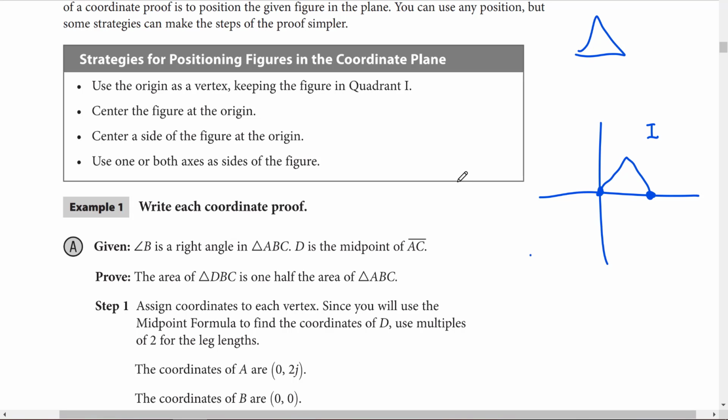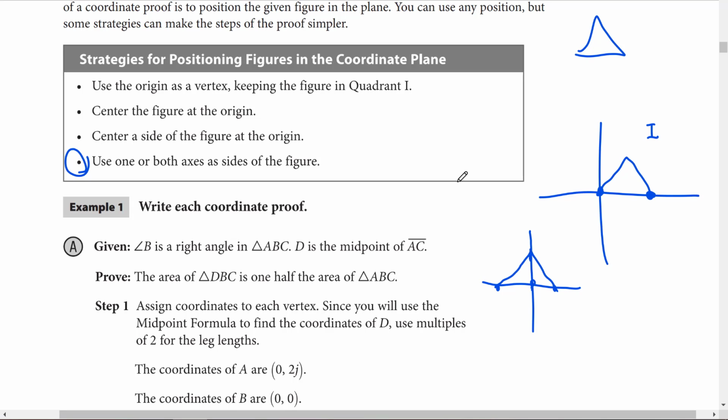Another option, especially if you have something that has a line of symmetry, where you could fold it in half, is to center the figure on the origin. So if I take that triangle, maybe I draw that triangle this way. So it's centered on my origin, and if I've got two pieces that are equal on either side of that y-axis. And you notice I did this in both situations.